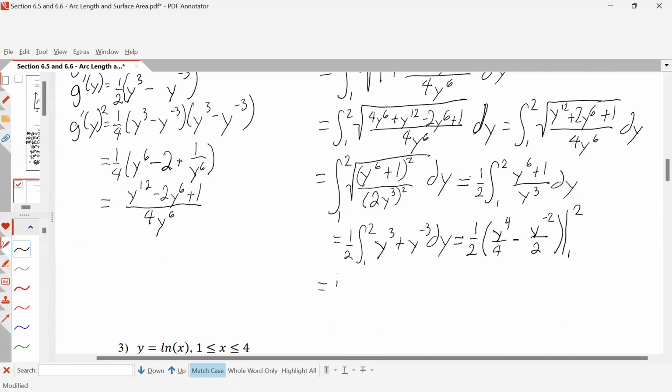This is 1/2. Plug in our upper bound first, so 2 to the 4th over 4 minus 1 over 2 times 2 squared, minus 1 to the 4th over 4 minus 1/2.